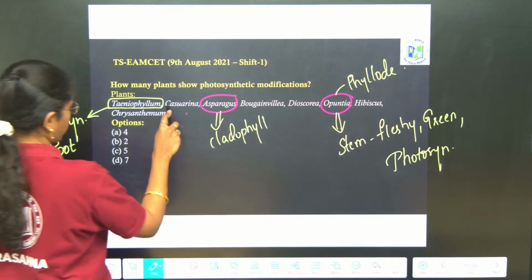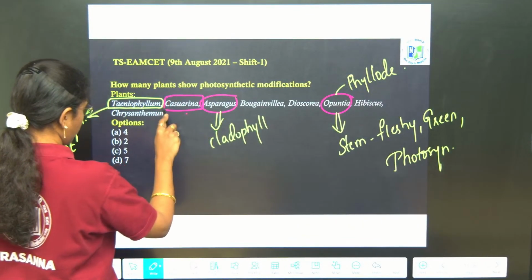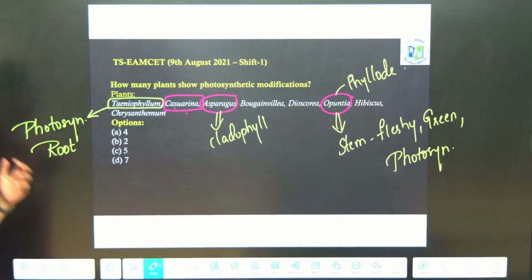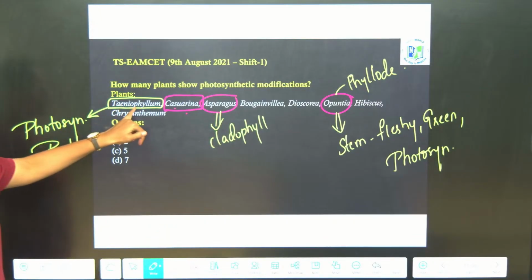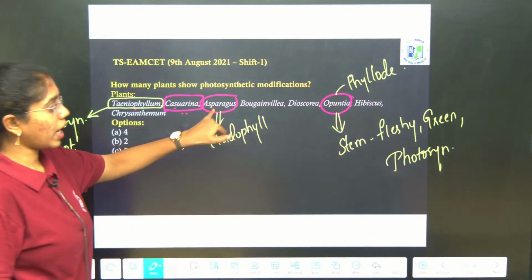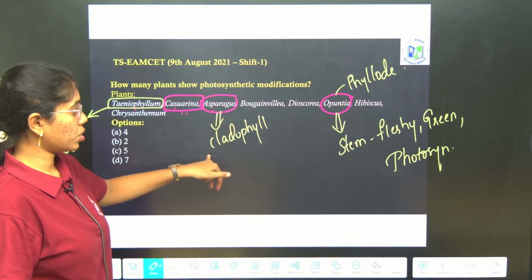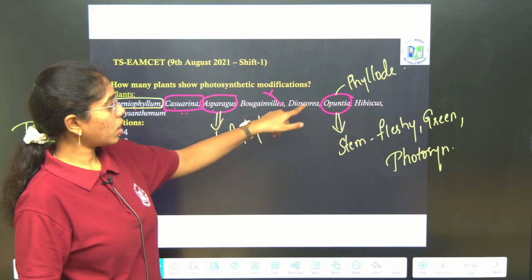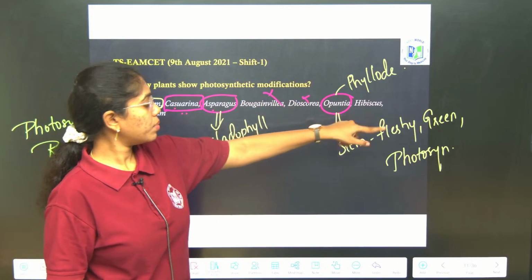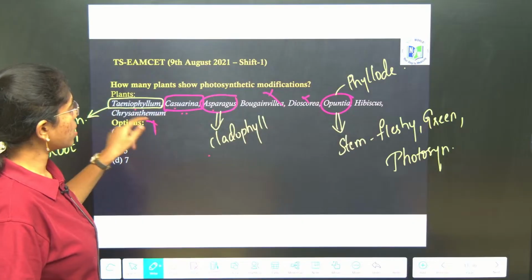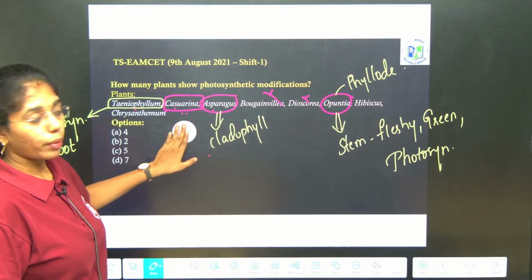Casuarina also you can take. Casuarina and asparagus are cladophyll type of modification, Taeniophyllum photosynthetic root modification. Bougainvillea stem thorns, this is storage, hibiscus does not show any modification and chrysanthemum also does not show any modification.